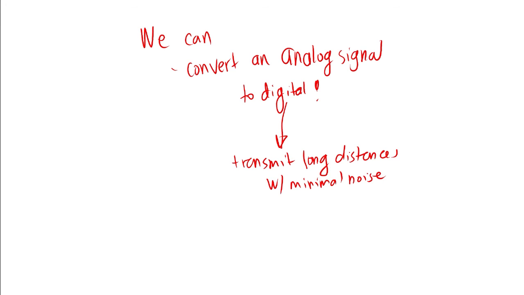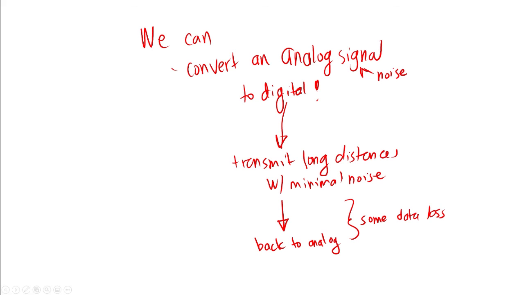An analog signal has a lot of noise, and we can convert our digital signal back to analog if we wanted to, but there's some data loss. But going back to our sampling rate, with good sampling, loss is negligible.